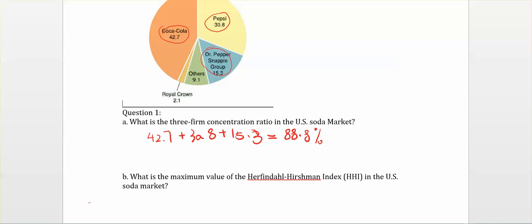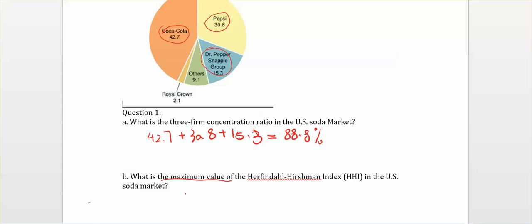It asks us for the maximum value. So we try to find how many companies which can have 2.1 market share can compose the 9.1.